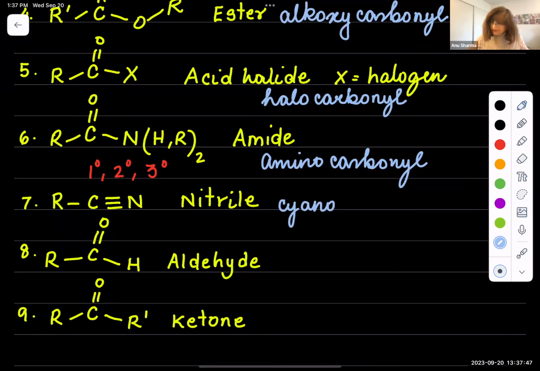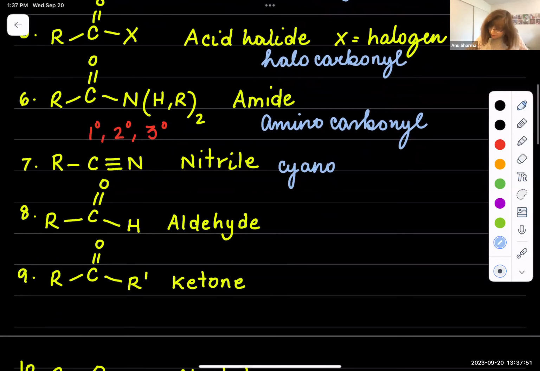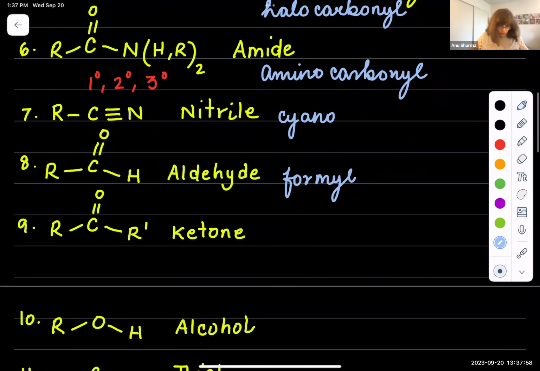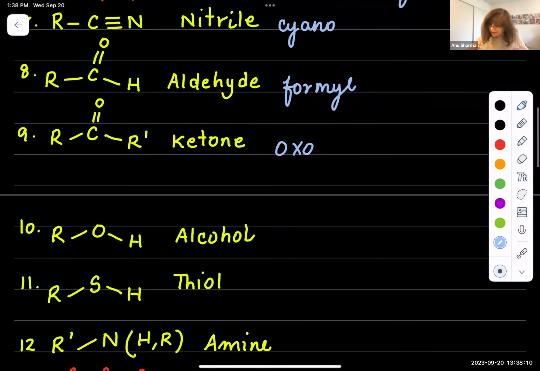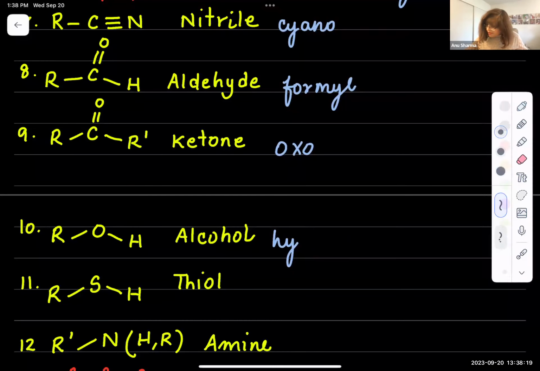And then the nitrile becomes the cyano. When you're naming them, you will see them, but these are all going to be prefixes. Now, aldehyde is formyl, and the ketones are oxo, O-X-O. Alcohol is hydroxy. So right now, just write these.